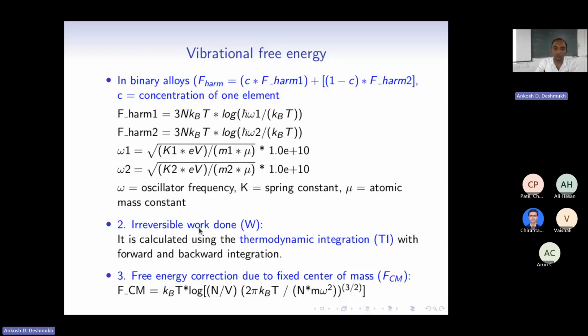The second term is the irreversible work done, calculated using thermodynamic integration with forward and backward integration. The third one is the free energy correction due to the center of mass of the systems, calculated with this terminology. Altogether we add all three terms to get the vibrational free energy of the systems.